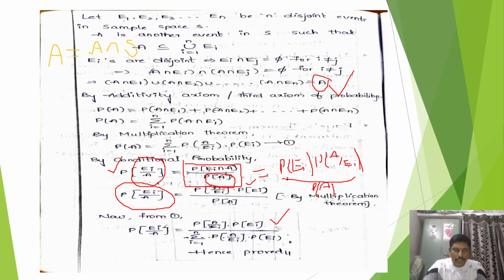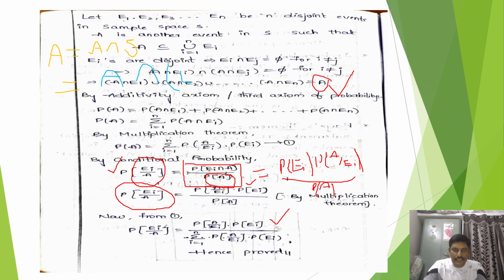So obviously S is the sample space, A is the set contained in S. Therefore A intersection S obviously is equal to A only. Clear? So this is going to be A intersection S. How do I write S?